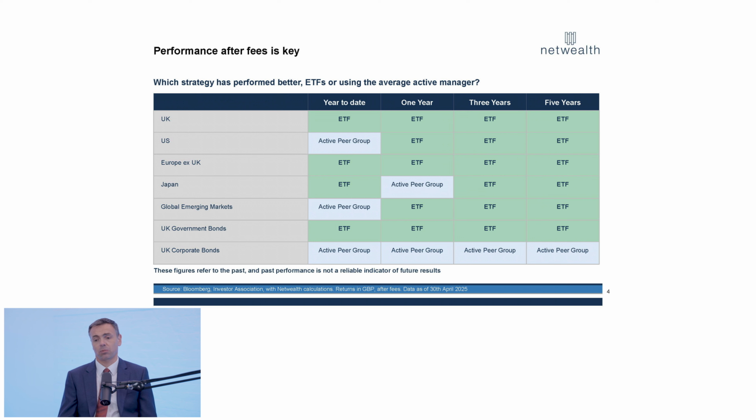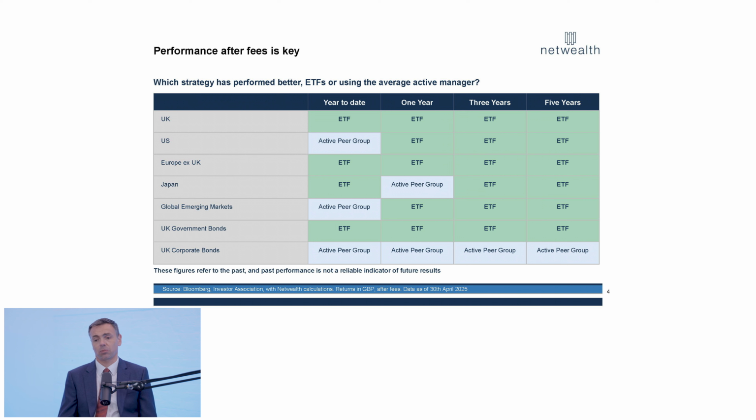And we tend to look at these regional building blocks within equity markets and then split out government bonds and corporate bonds on the fixed income side. And you can see that predominantly over most periods, you're more successful investing via ETFs.